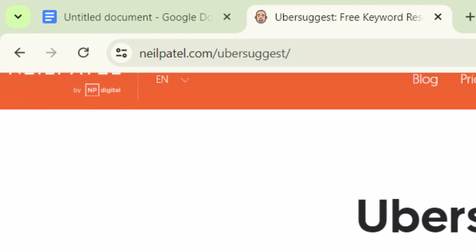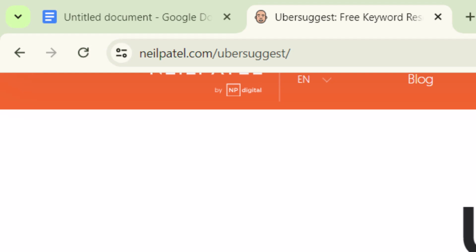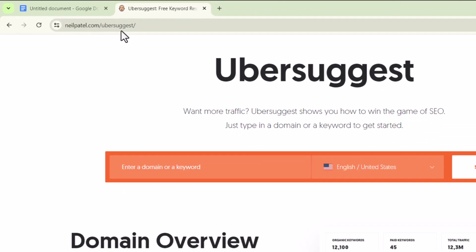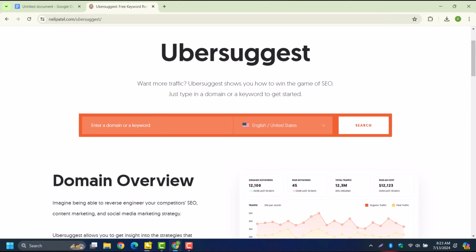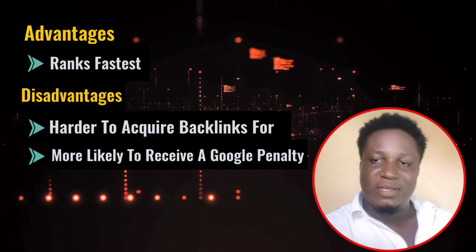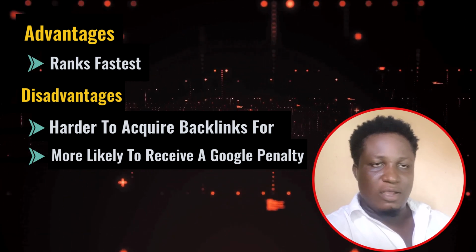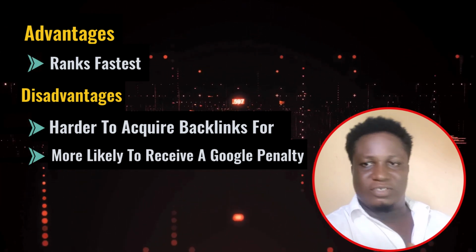So the domain name is literally neilpatel.com. So people can link to their website without saying SEO searches. People can link to their website by writing Neil Patel or by writing Uber Suggest.